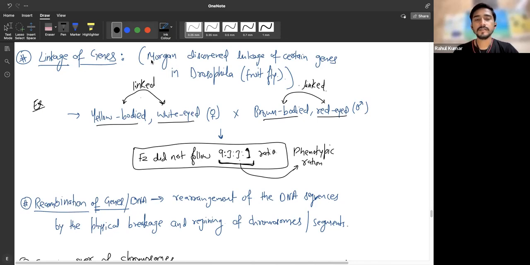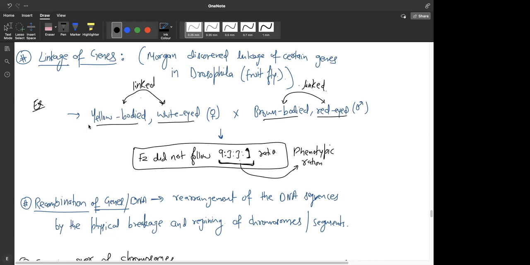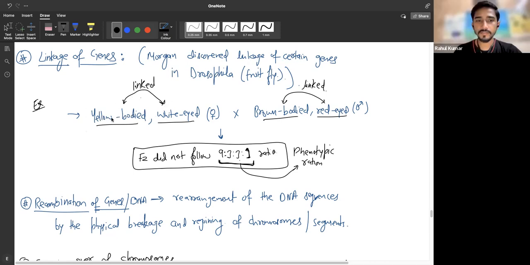Here, a scientist, Morgan, discovered that there are certain genes which do not segregate independently of each other. For example, he did experiments in Drosophila and figured out that the gene for yellow body color and the gene for eye color are linked. A yellow-bodied Drosophila most of the time also has white eyes, and a brown-bodied one mostly has red eyes.